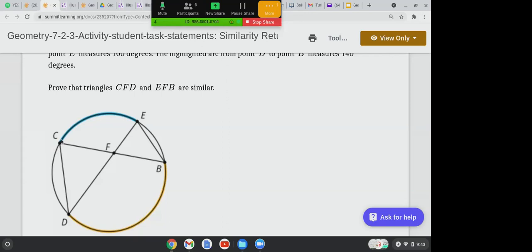Remember, an inscribed angle has its vertex on the circle. I also asked you to sketch this on your paper, because this is something you might need to draw. Always draw a picture if you can. Get it in your head.